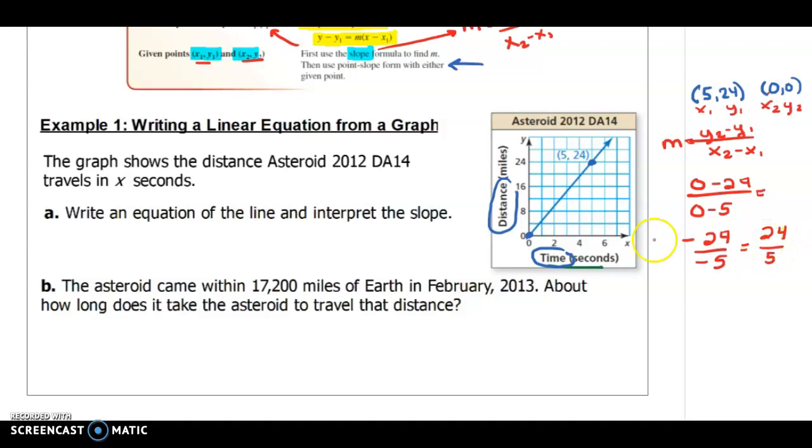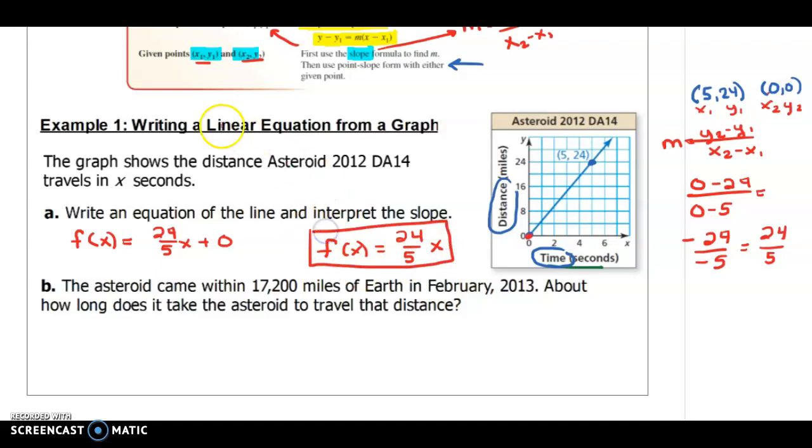So this is my slope. Now notice our y-intercept is 0, because it crosses y at 0. So our function would be f of x equals 24 over 5x plus 0, or probably better written as just 24 over 5x.